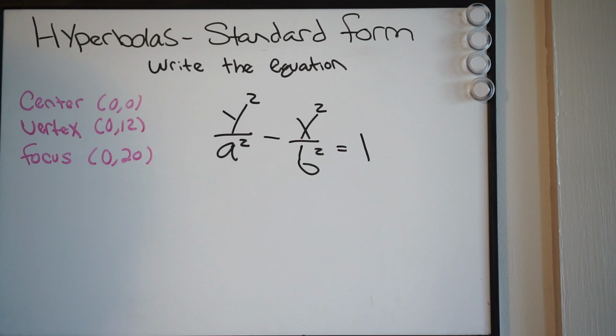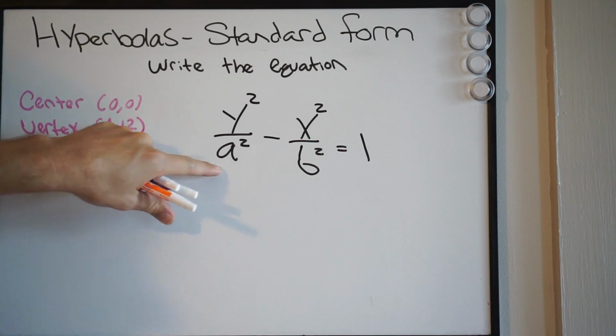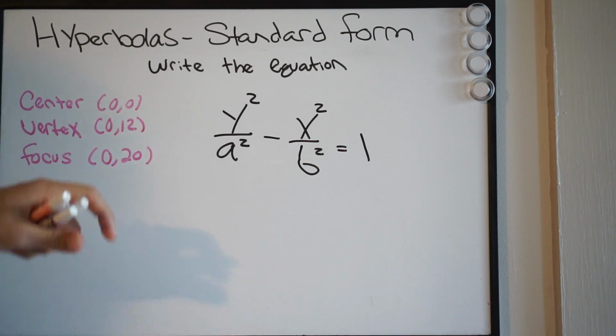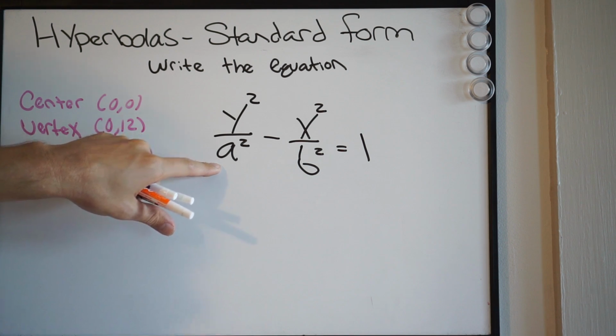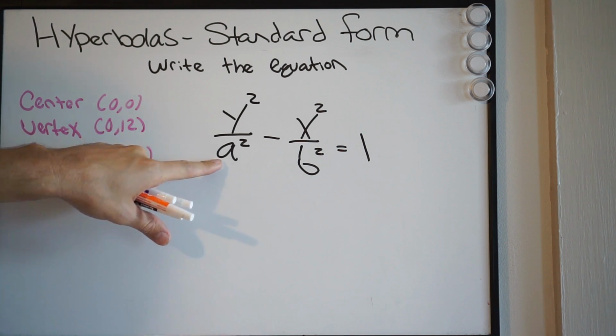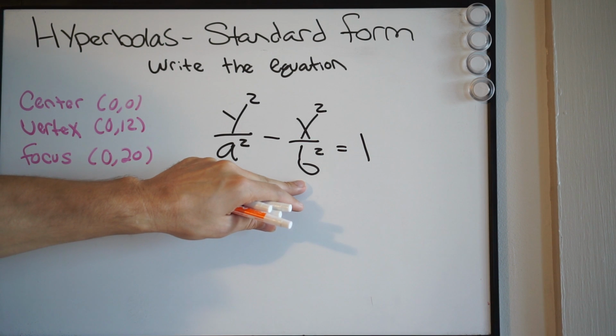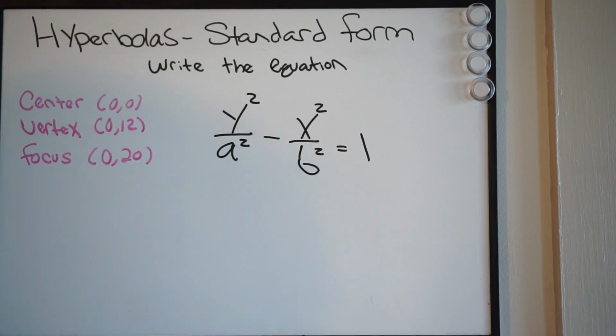Now, notice what we have. We have the vertex, so we have our a value here, because that's going to be on the transverse axis. We do not have our b value, which will be our co-vertices occurring on the conjugate axis.